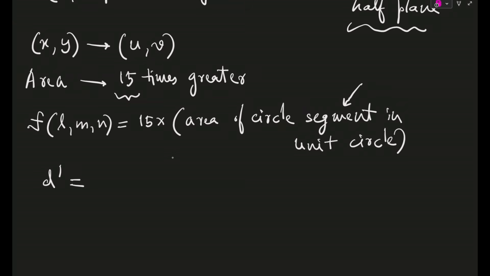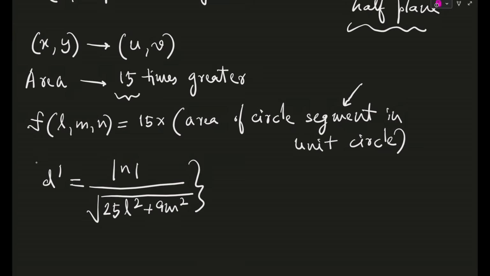So the numerator would become only mod n, since u and v are 0, and the denominator contains the first and second coefficients of x and y, squared and summed. So 25l square plus 9m square. This is the expression for d dash.